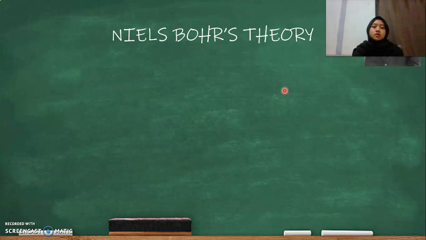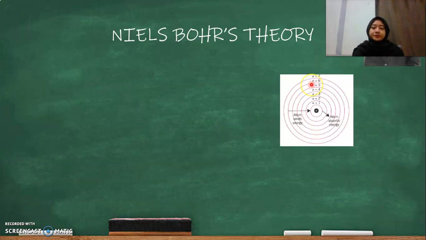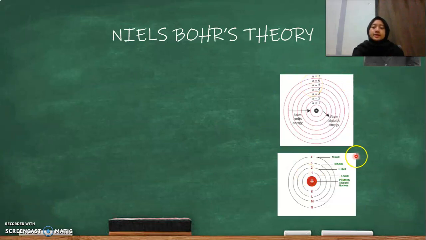So next we will go to the Niels Bohr theory. This is the example of his atomic model, which is called the planetary model, a development of the Ernest Rutherford planetary model. Right here we can see that there are orbits. In different orbits we have different kinds of energy and shell.